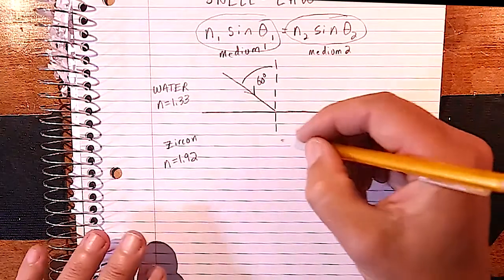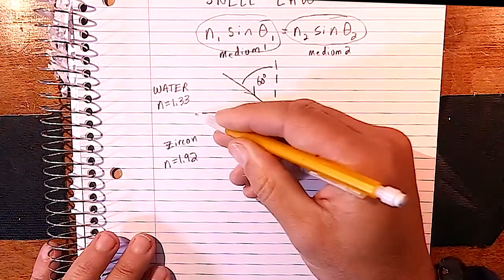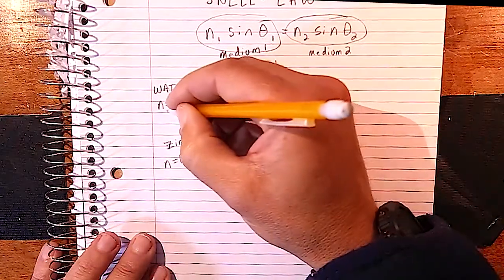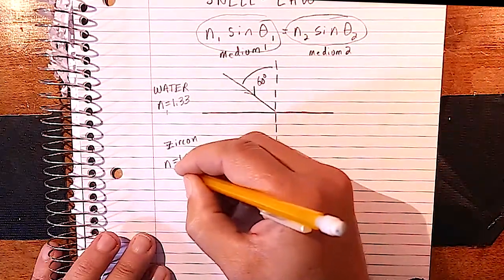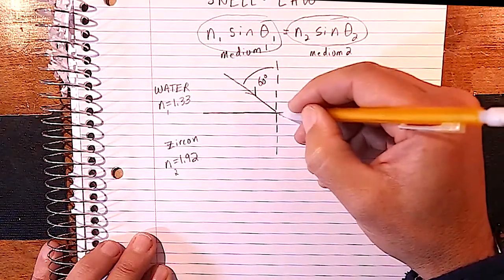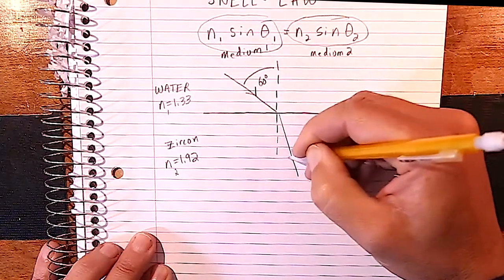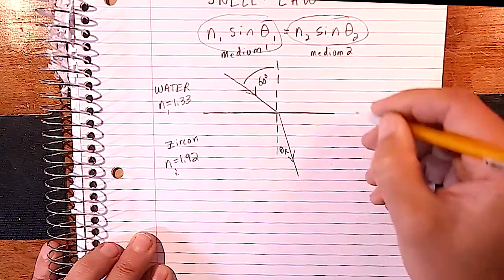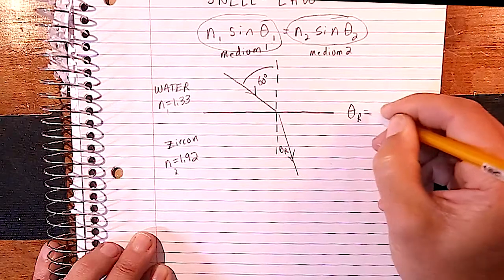So, what's happening? Well, it's going to a higher index of refraction, so it's slowing down. So this is our n1 and this is our n2. Well, if it's slowing down, we already said that it must bend towards the normal. So this theta r is smaller. But the question is, what is this theta r?